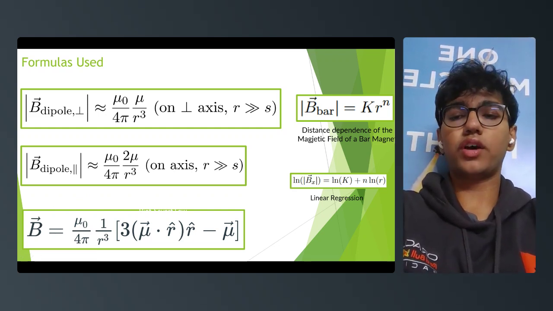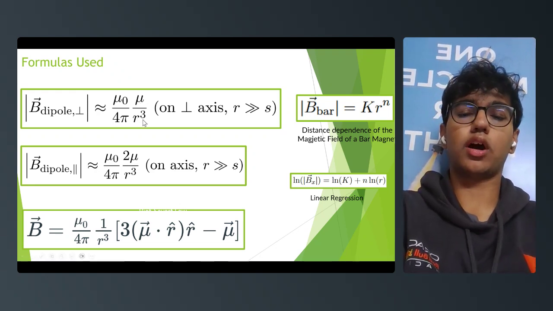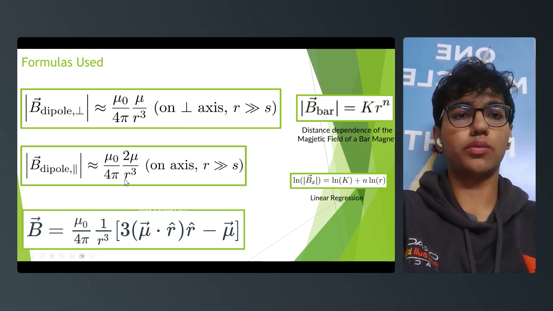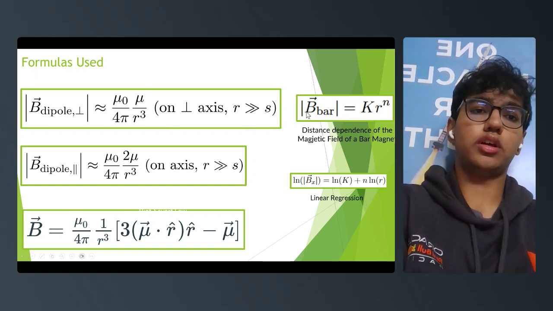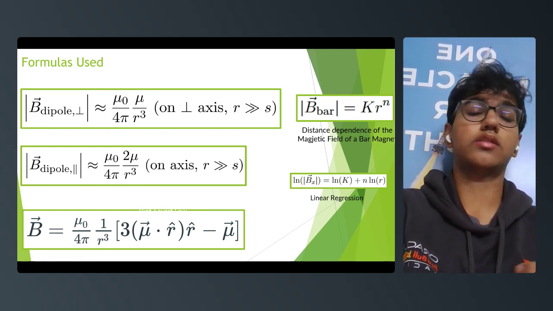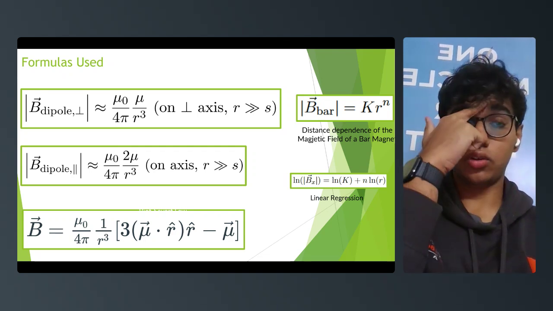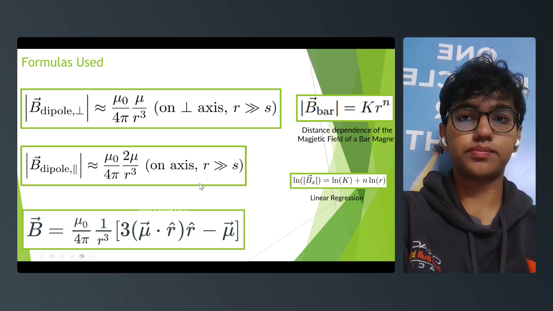You can simplify that as B on the axis, which is μ over 4π times 2μ over r cubed, and B perpendicular, which is μ over 4π times μ over r cubed. We also used a simple law that the magnitude of the magnetic field of a bar magnet is some constant k times the distance to the power n, and then you can take the natural log to get this expression right here.